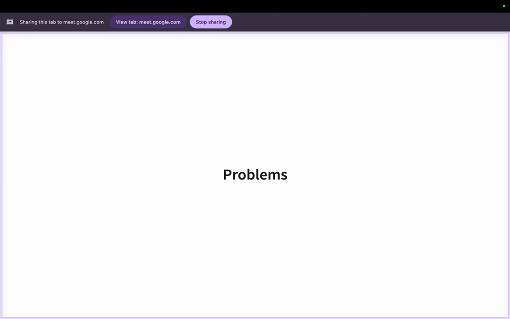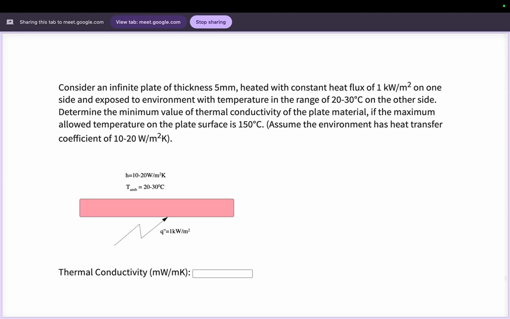If you have any questions, you can ask. Okay, then I would like you to solve these problems. I'll give you 5 minutes or so. You can quickly solve these problems. Just make sure that you are familiar with the concept.